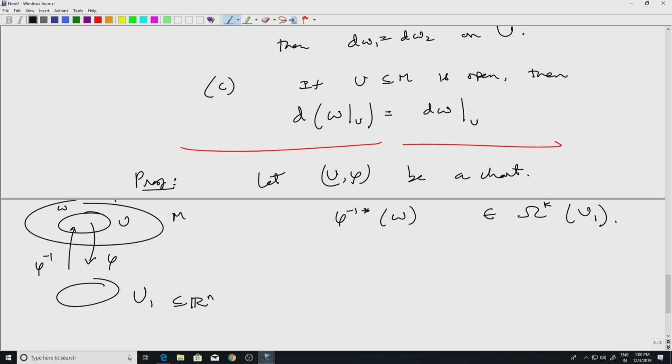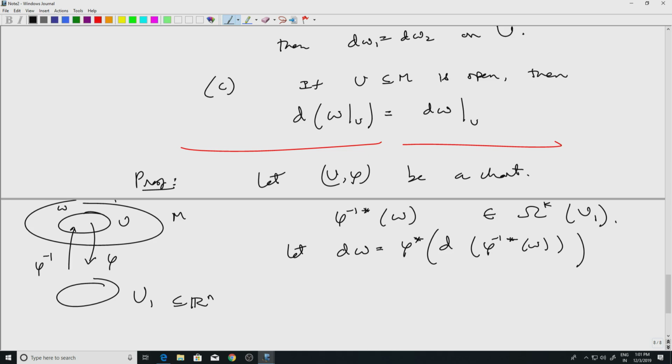So let d omega be equal to phi star d of phi inverse star of omega. When I write this in this form, what I mean is, if I start with any point in the manifold, I first put it in a chart, U phi, then I define d omega at p by this expression.